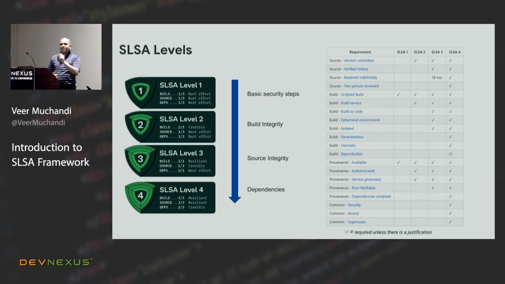We'll talk about examples of those. What does build environment coming up and going down mean? We'll talk about that in a few minutes. I'll show you examples of that. And the build environment is isolated. From the provenance perspective, provenance is non-fallible. So in SLSA 4, everything is checked, right?